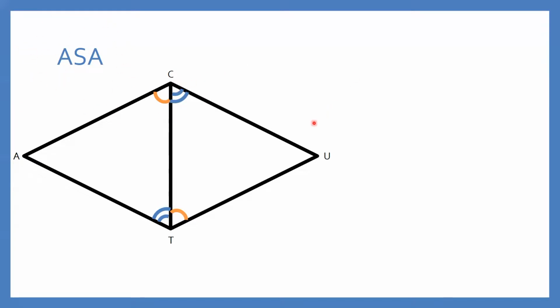So, for example, in this one, we could say that angle ACT, which is in orange, and angle UTC have the same measure. We have as well, when we analyze here, angle ATC is the same as the measure of angle UCT. And then by the reflexive property, CT has the same measure, so CT is equal to CT.